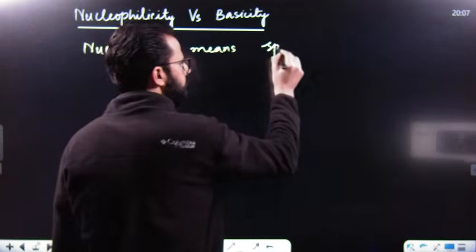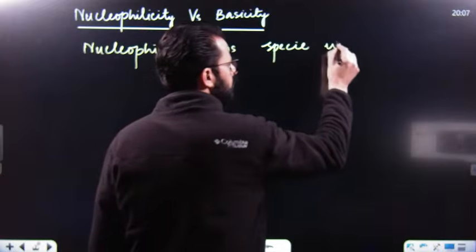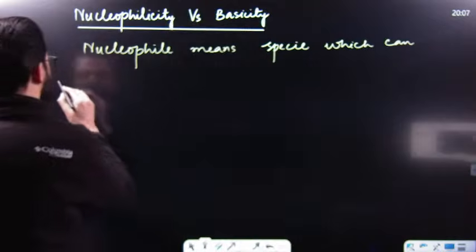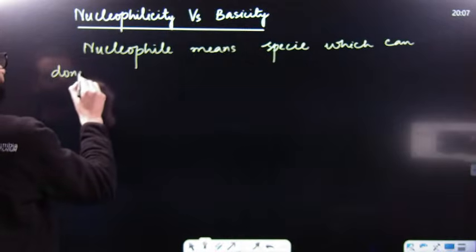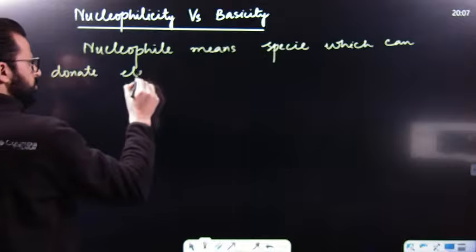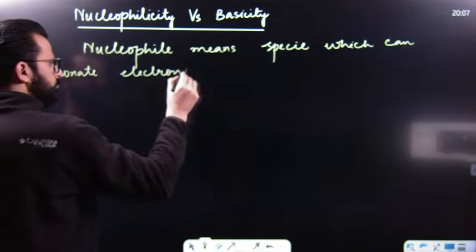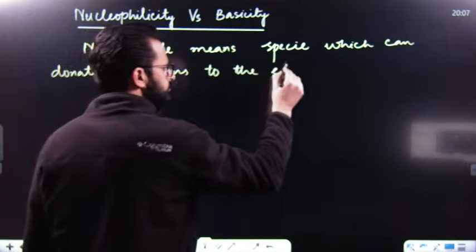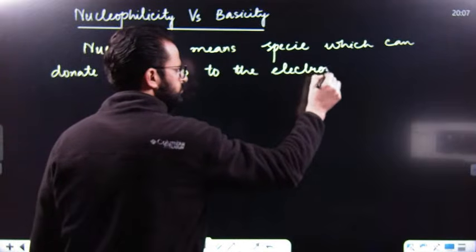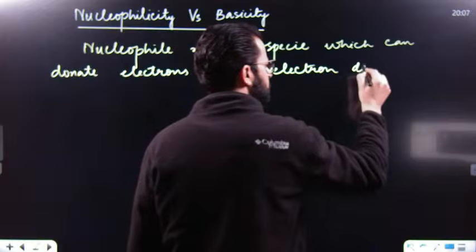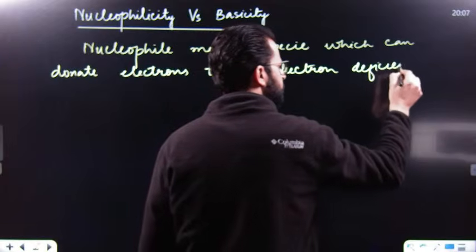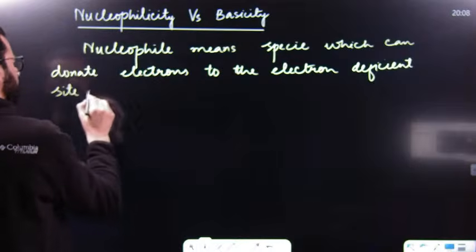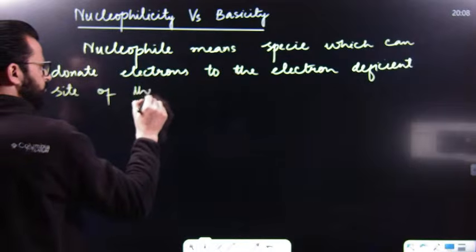species which can donate electrons to the electron deficient site of the substrate.